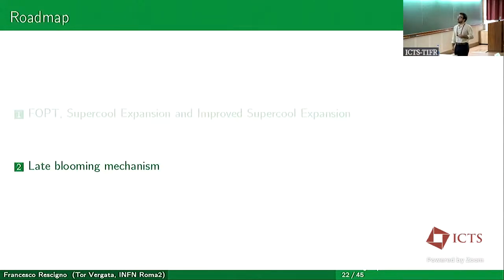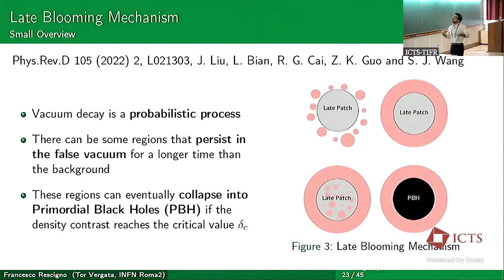Okay. Now let me very briefly tell you something about the late blooming mechanism. I won't go too much into the details. I just want to give you a very qualitative picture and then show you some results that are available in literature that we use to make our calculations. So the vacuum decay is a probabilistic process. So there can be some region that persists in the false vacuum for a longer time than the background.